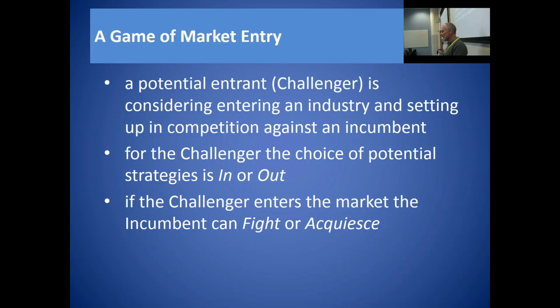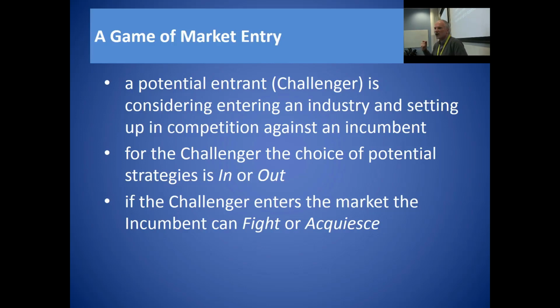However, if that challenger does choose to enter the market, then a decision needs to be made by the incumbent firm. What does it do? It's producing within its market, and then a challenger enters. And it can do one of two things. Firstly, it can fight market entry. It can cut its price. It cannot concede the market to that challenger.